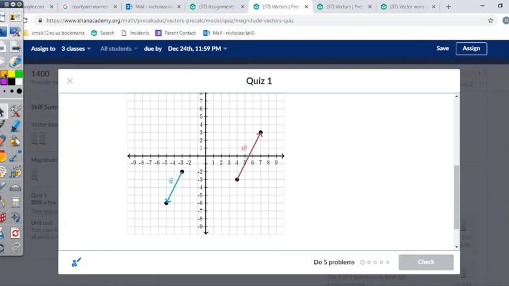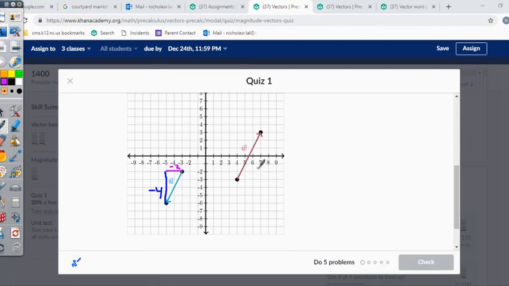Vector u, notice the vectors are going to start where there's not an arrow and end where there is an arrow. So vector u, if I see this is the starting point, this ending point, is going to have a horizontal component of -2 and a vertical component of 4, -4.